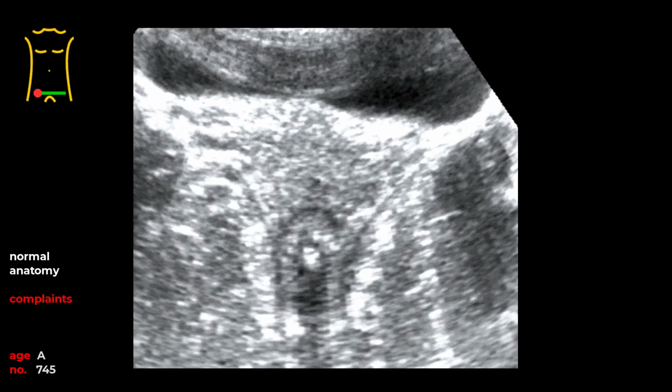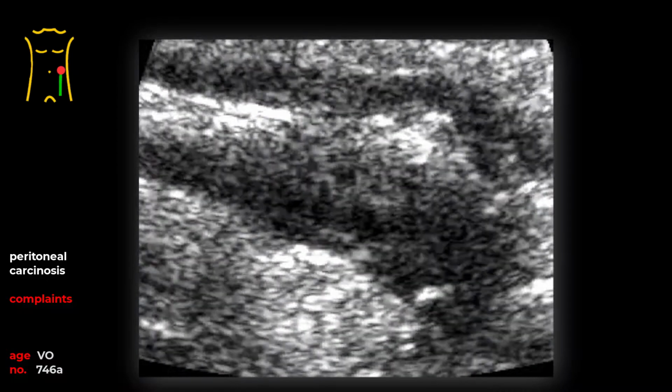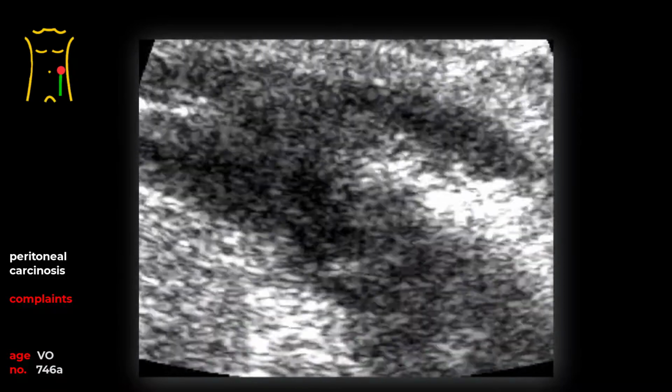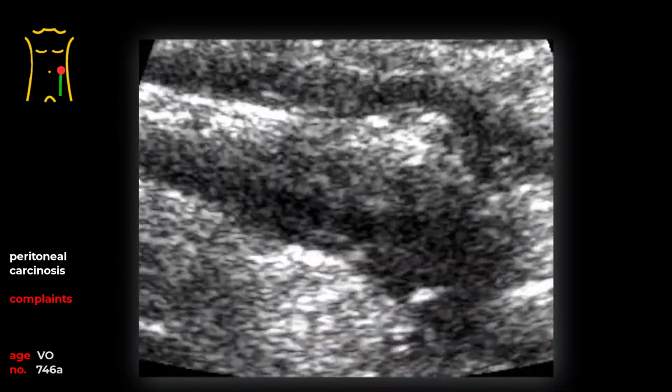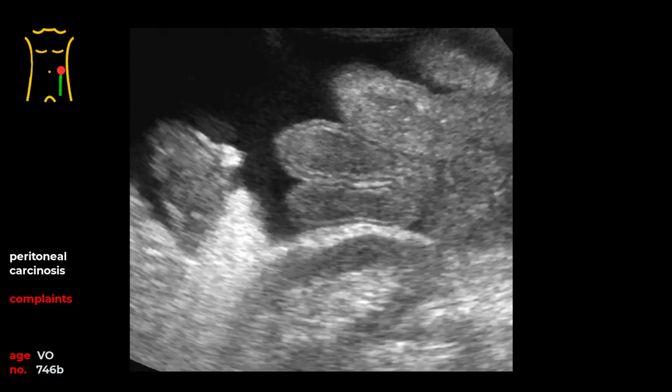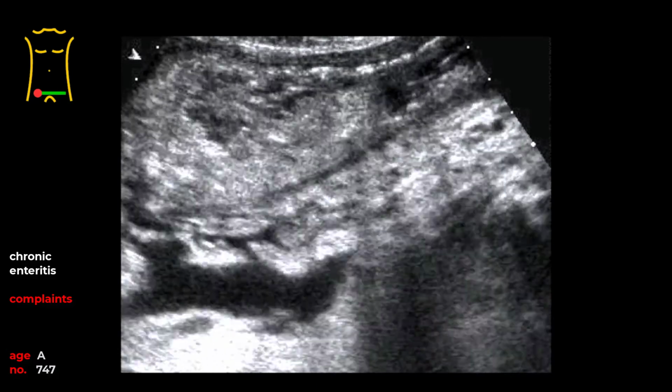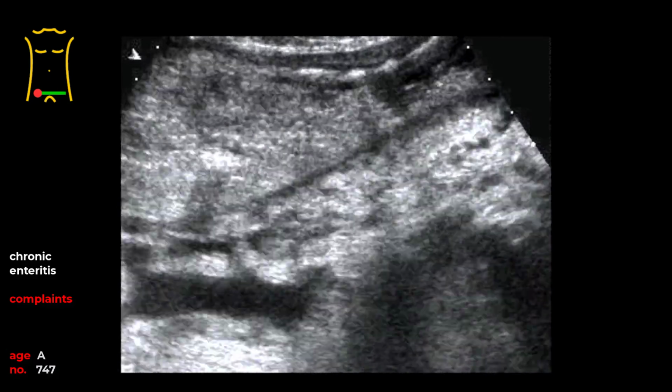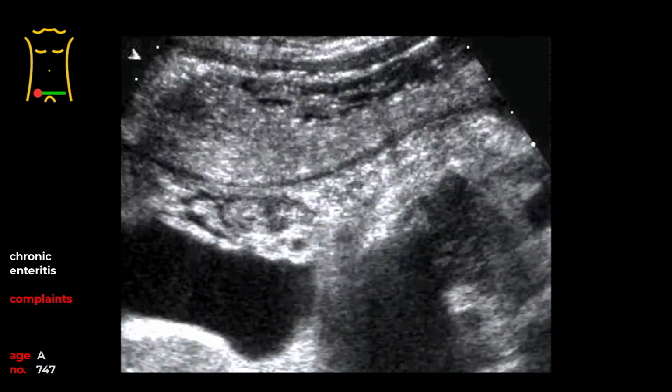While 745 was normal anatomy of the pelvis. 746A is demonstrating an enteritis. 746B shows a peritoneal carcinosis with ascites. 747 features a chronic enteritis.